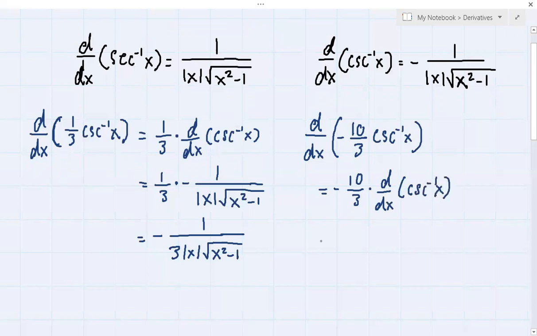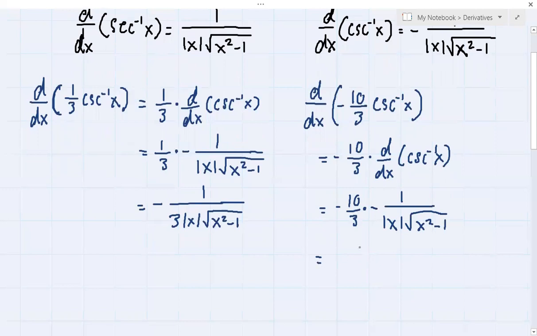Ayan. So this would be negative 10 all over 3 times. Derivative ng arccosecant is negative 1 all over absolute value of x times the square root of x squared minus 1.